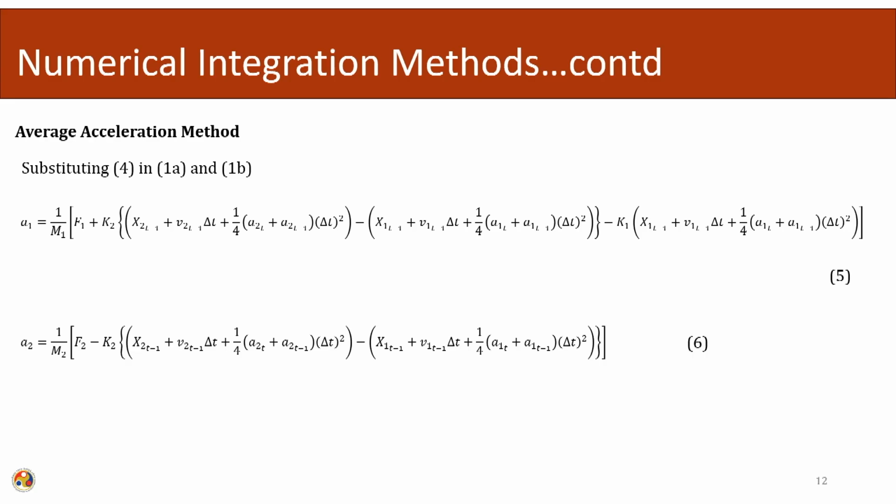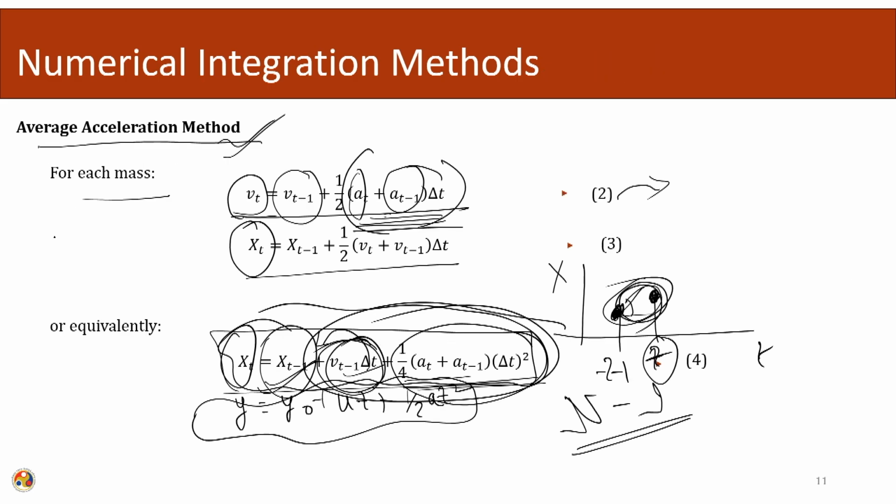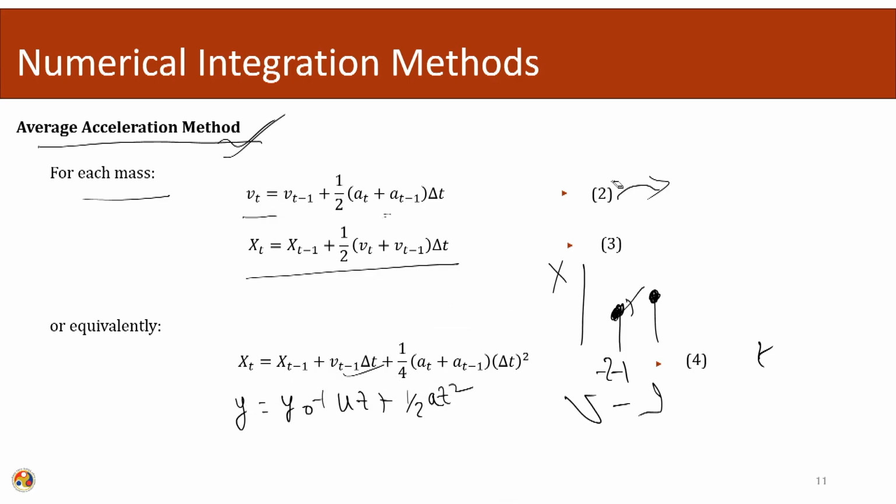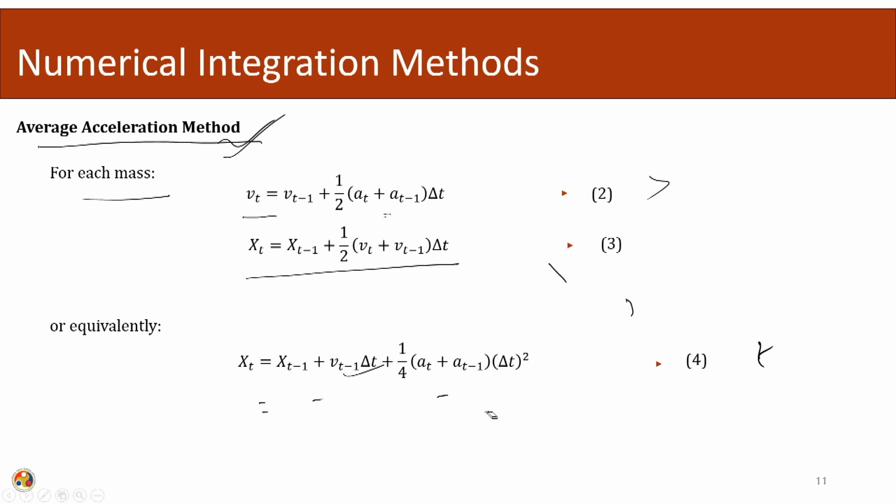So, continuing from the last time, we can substitute the previously calculated value. This was the average acceleration method. From the average acceleration method, for each mass we calculated the velocity.